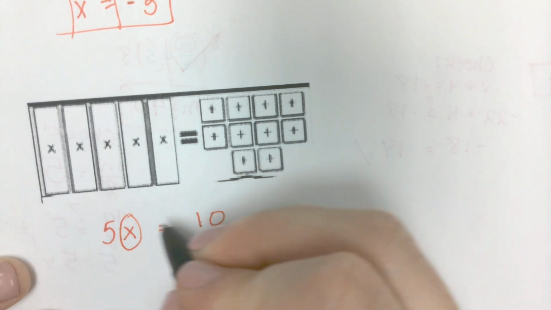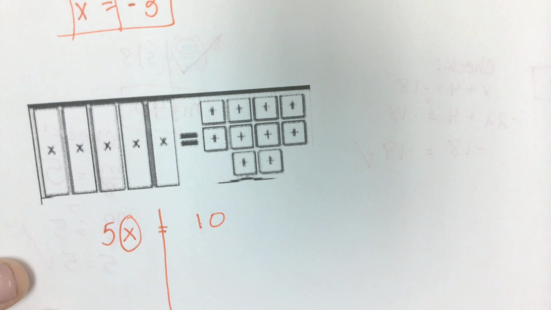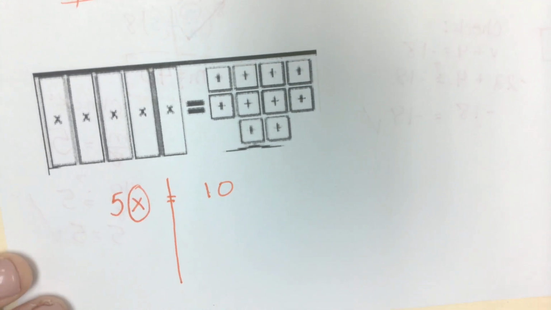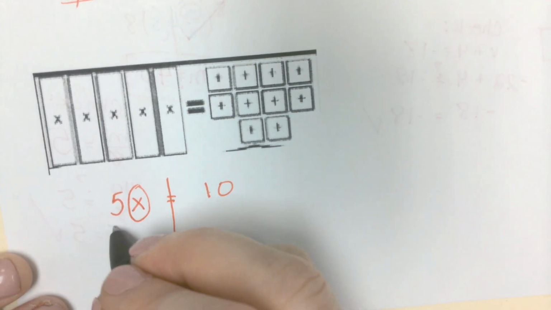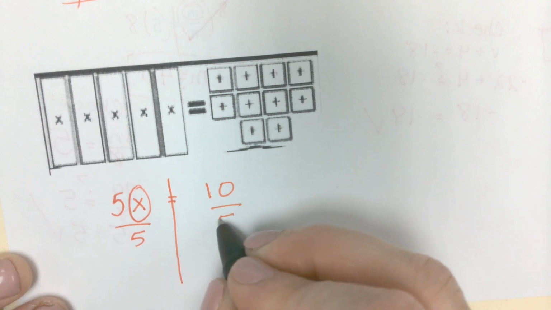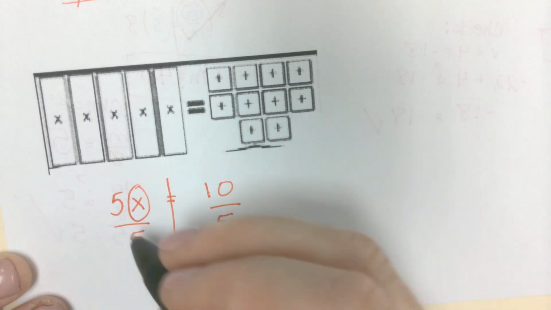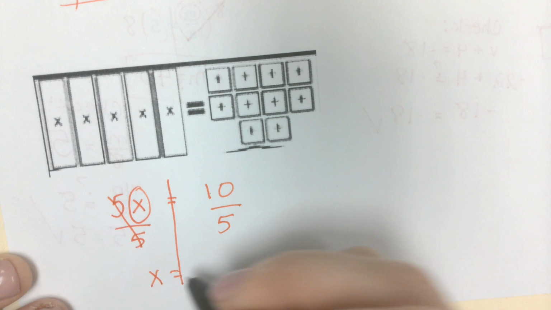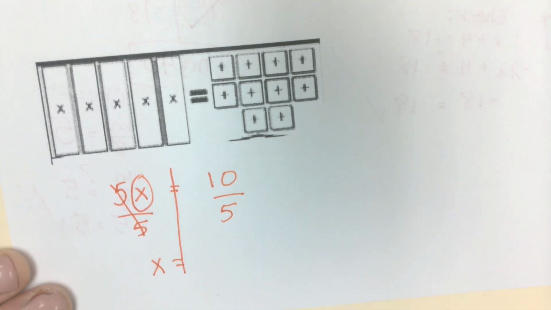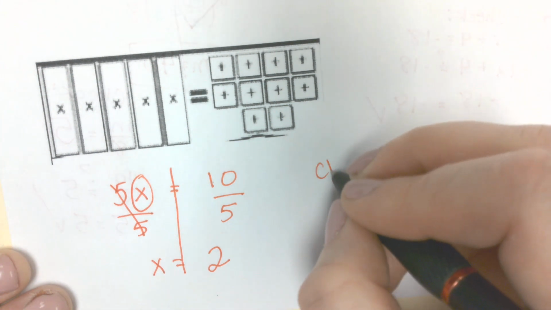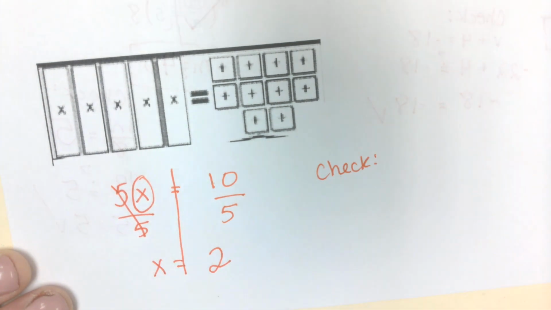Circle your x. Draw your line down your equal sign. We're going to divide by 5 all the way through. 5, 10, and divide by 5. We get 2. Then check our answer.